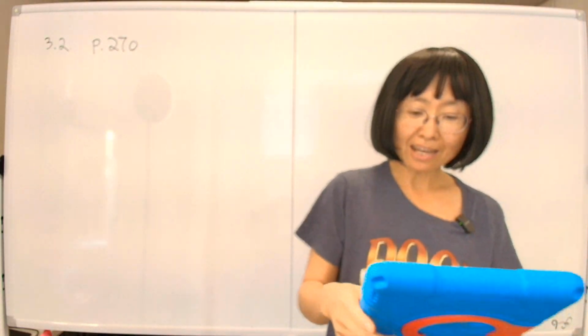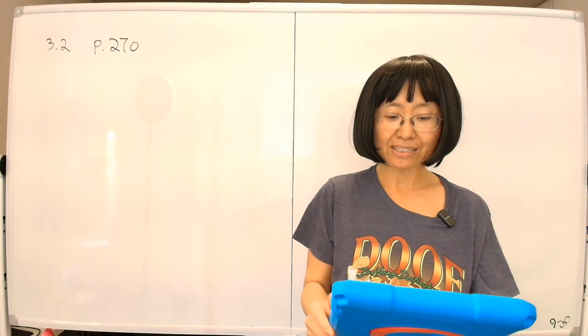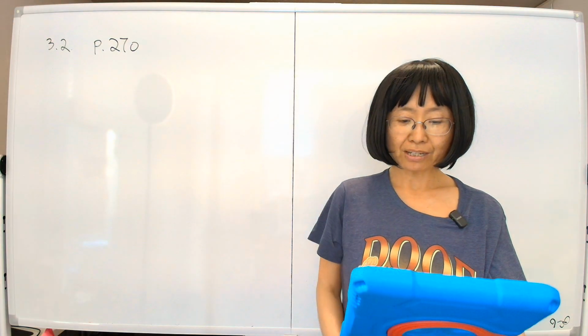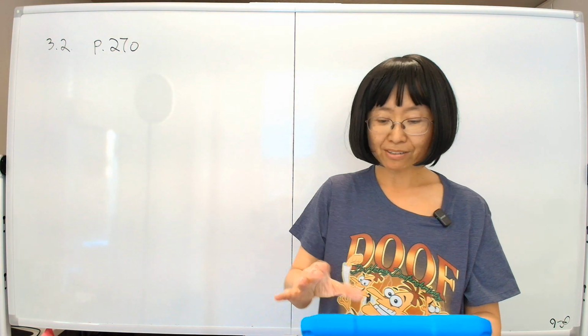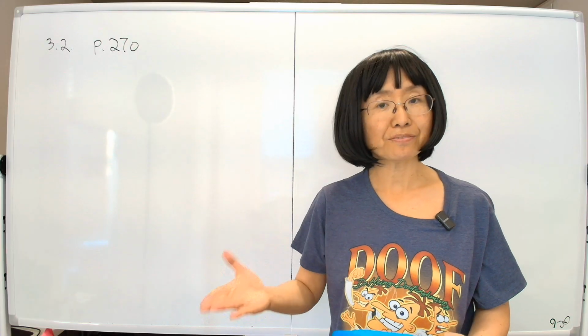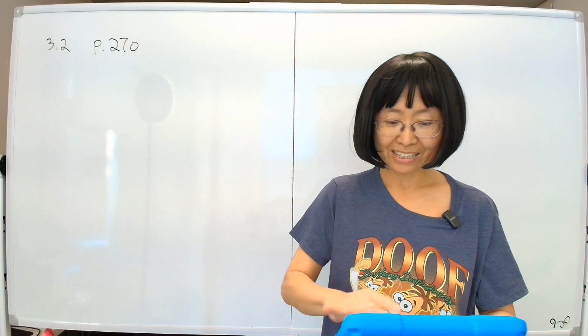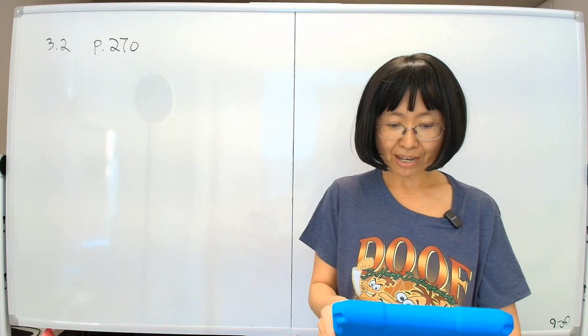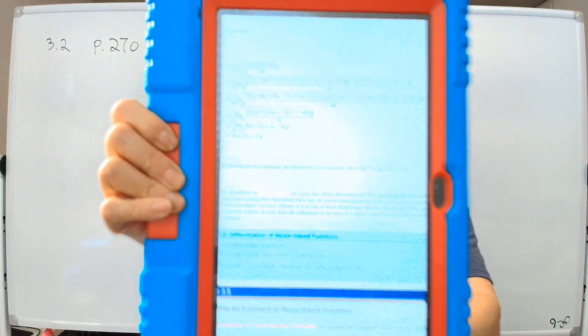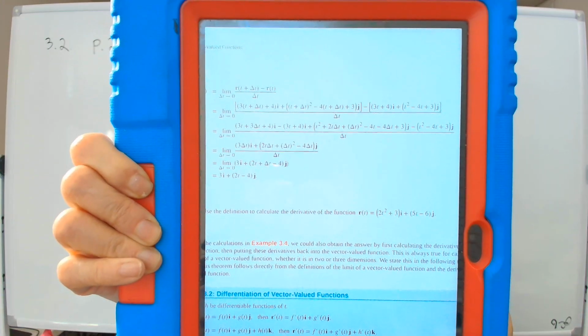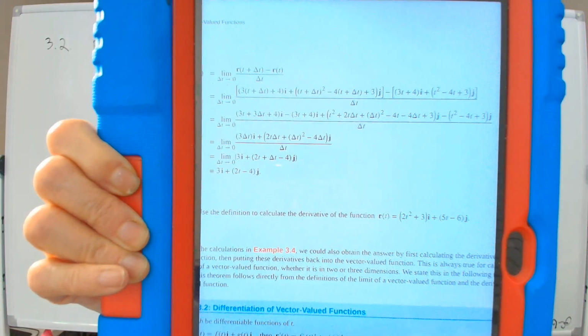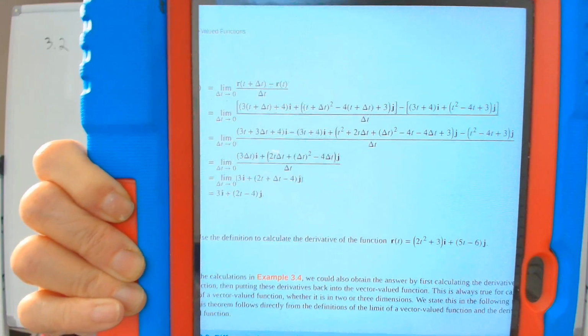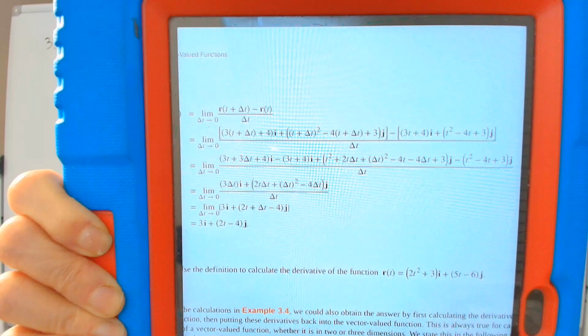So having said that, we're going to try one. Now look at example 3.4, where you have some random vector, and you're supposed to calculate the derivative of it based on that definition. So we're going to do exactly what we did before, except that now you have three components to take the limit of. See, there's a big long thing, but do not get intimidated by it, because when you stare at it more closely, it's just three equations.